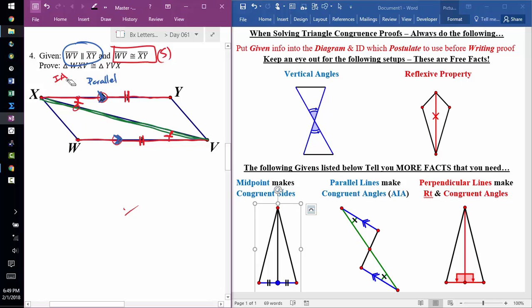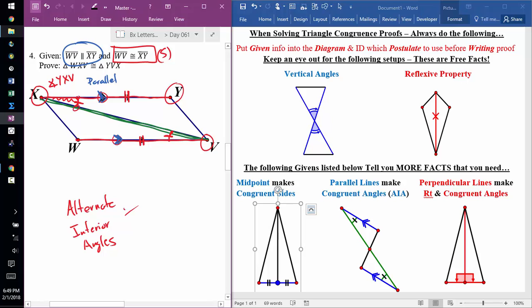I guess I'll write that out for you. Alternate interior angles. And this angle here is YXV. That is angle YXV.